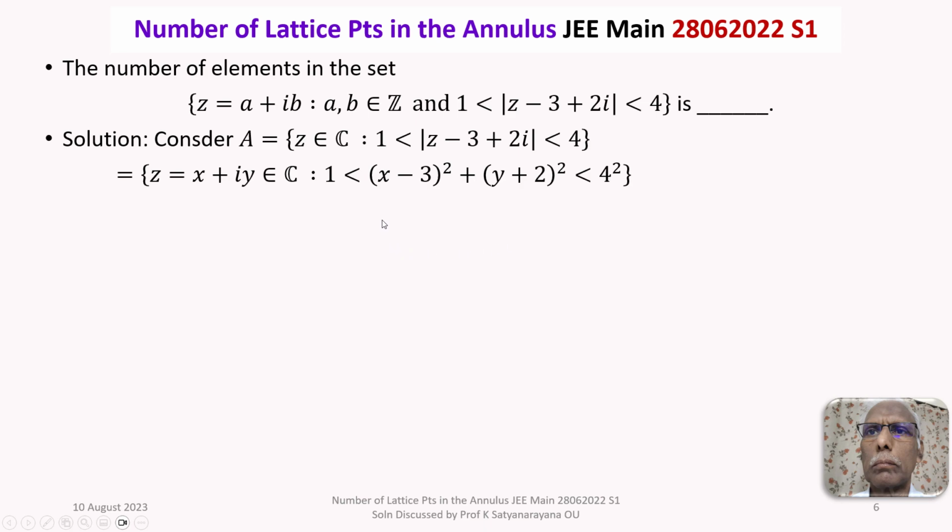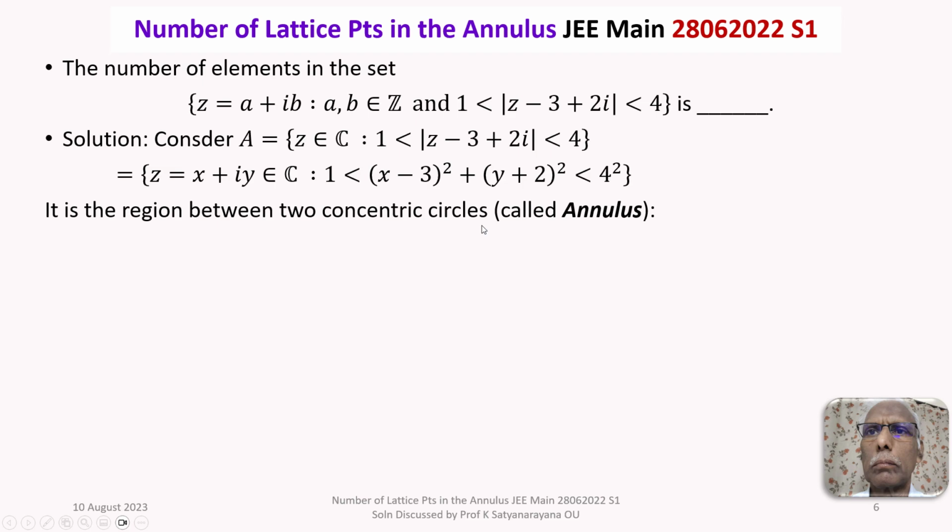So what is this? This is the region between two concentric circles, and the region between two concentric circles is called an annulus in the complex plane in complex analysis. And what are the two circles?